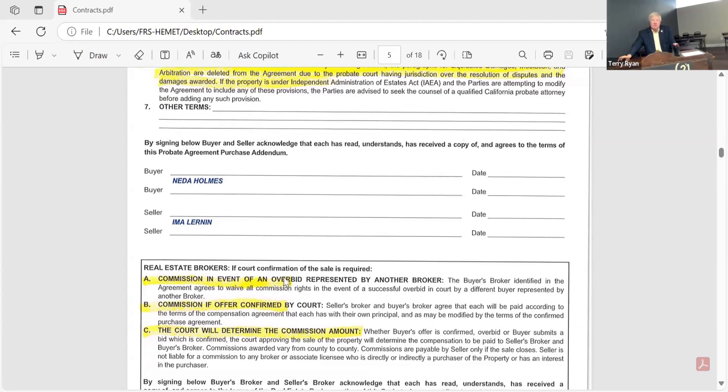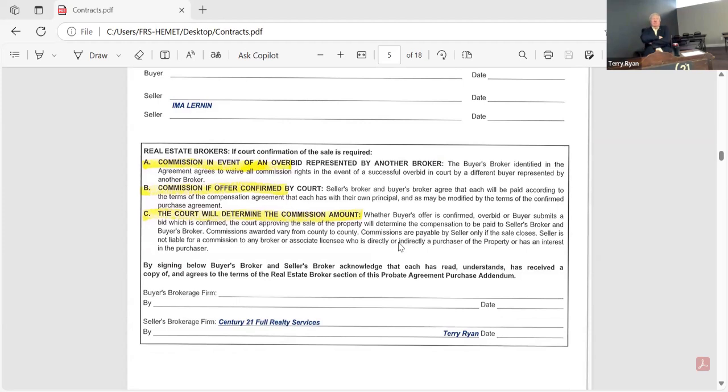So this is interesting here, and that is that any of the agreements that you have related to commission basically can be overturned and/or confirmed by the court. You look at C here, and this isn't checkbox stuff. These are just things to notice, but you look at C here, the court will determine the commission amount.